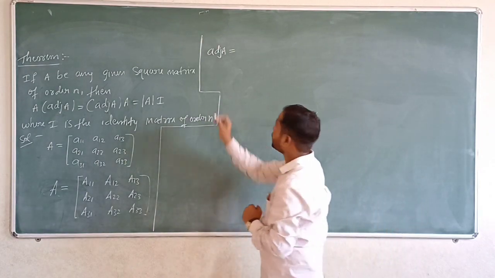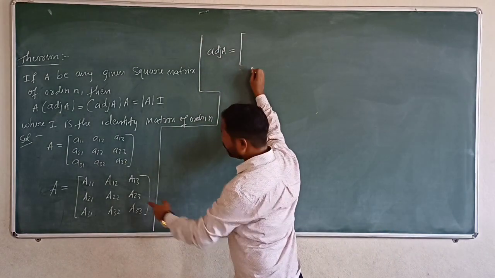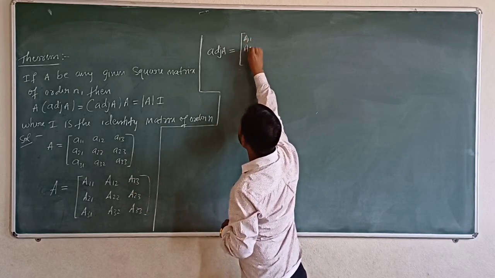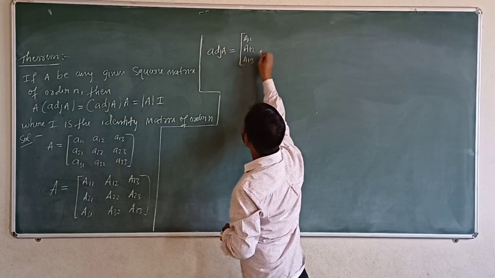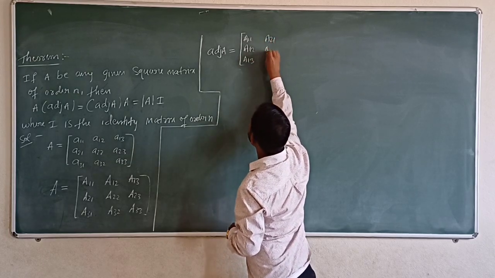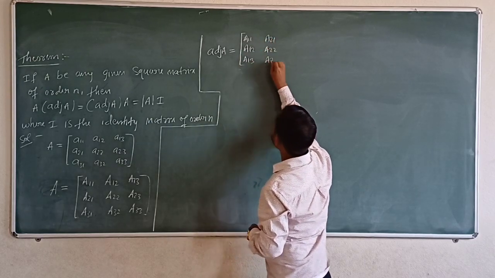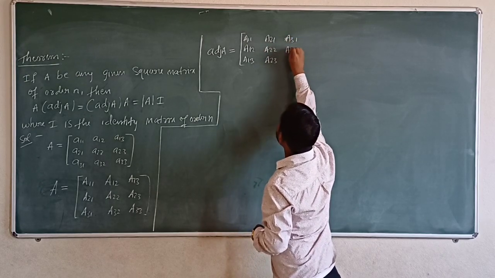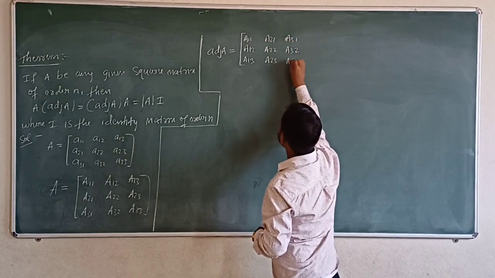Now the first row becomes the first column: A11, A12, A13, A21, A22, A23, A31, A32, A33.